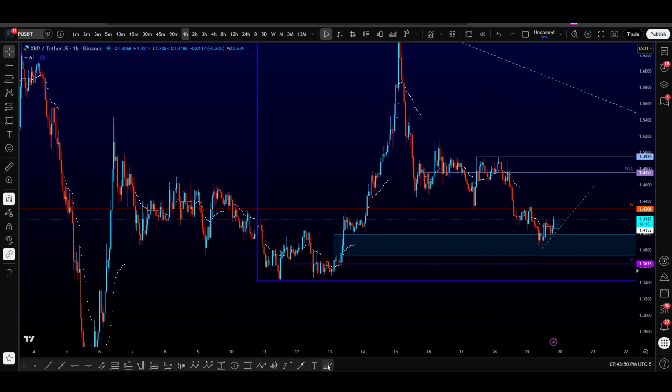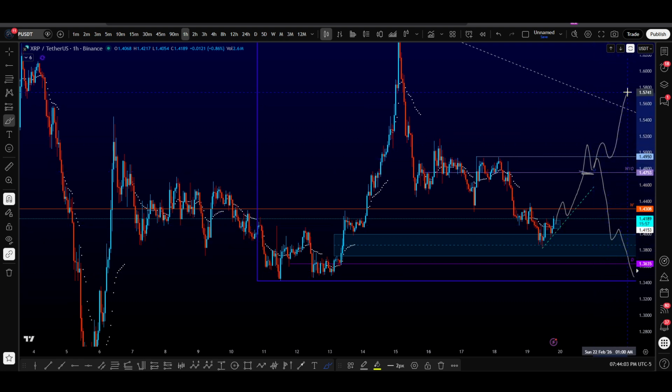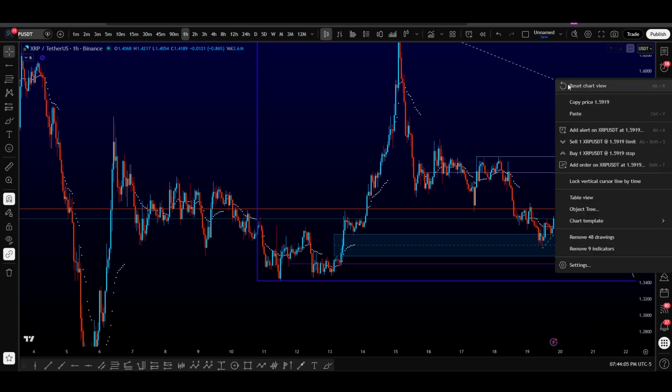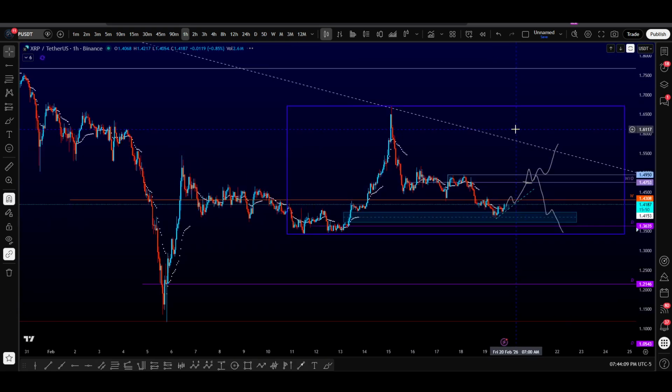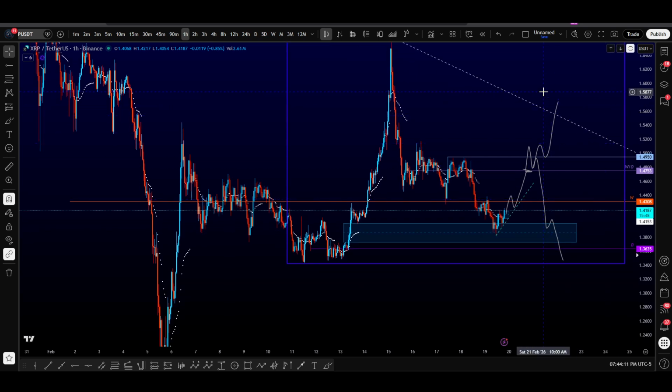Not guaranteed, but it is looking very nice to possibly make a move up, take out the weekly open, at least take out this high, and then we'll just see what happens at this level, right? Time will tell, but very nice price action for XRP right now. Anything can happen, so make sure you manage your risks.